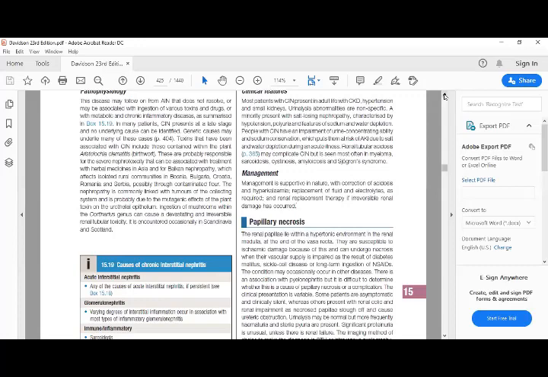A minority present with salt-losing nephropathy. This results in hypokalemia, hypomagnesemia, and hyponatremia due to the salt loss, characterized by hypotension, polyuria, and features of sodium and water depletion.